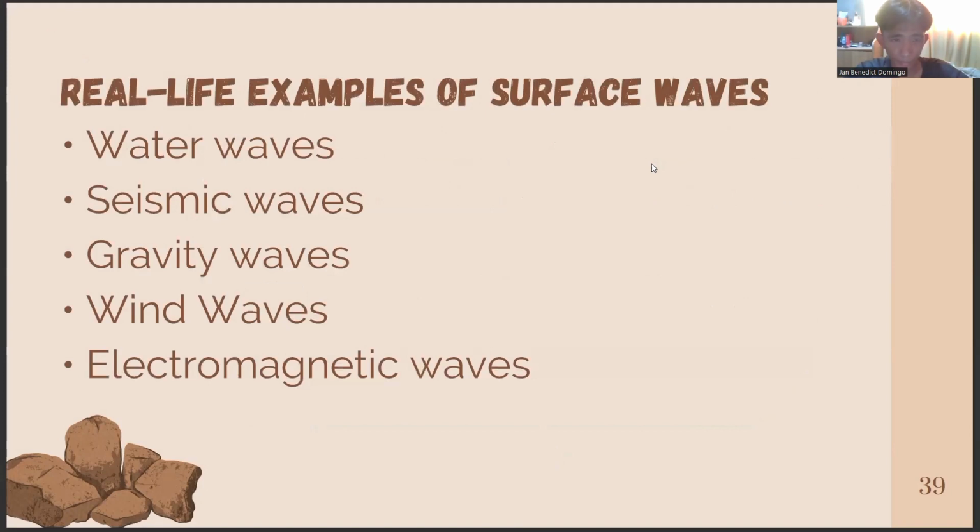And here are 5 real-life examples of surface waves. The first one is water waves. For example, when you throw a stone in the water, you might notice that ripples form on the water surface.